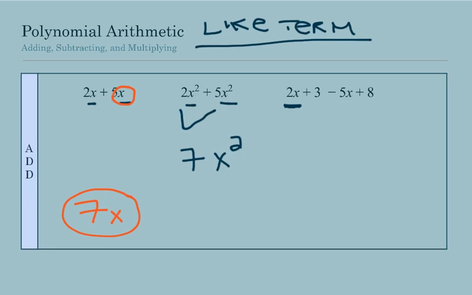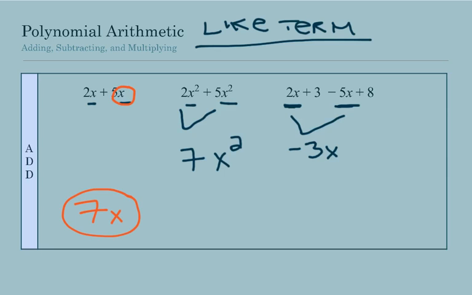It has an x to the first power. What else has an x to the first power? That's your minus 5x. So I'm just going to put those two together. 2x minus 5x. It's going to be negative 3x.